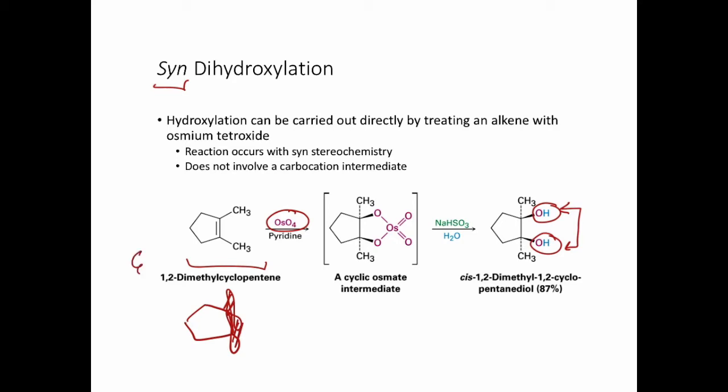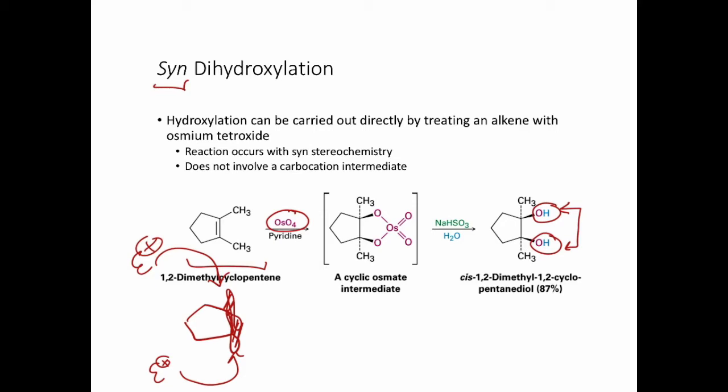So the electrophile could approach from the top or from the bottom of the alkene. And in this case, because of the mechanism, both of the CO bonds are formed simultaneously, so that is why you get the syn stereochemistry.